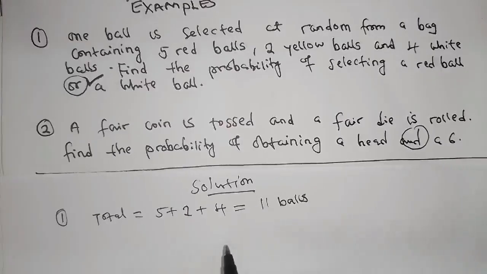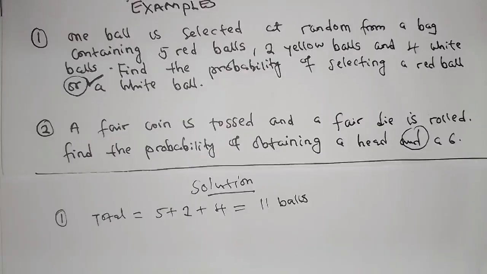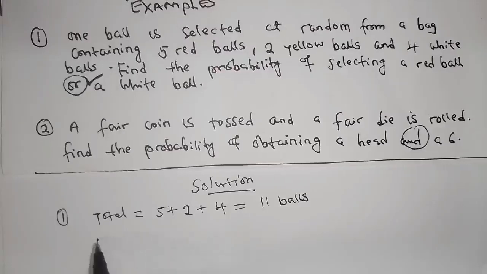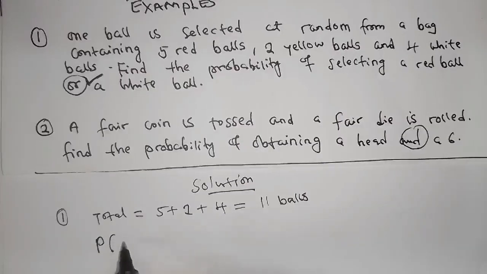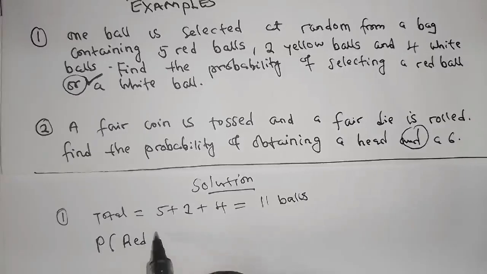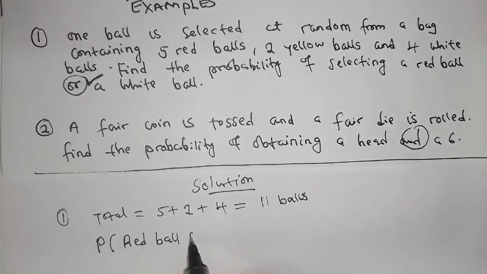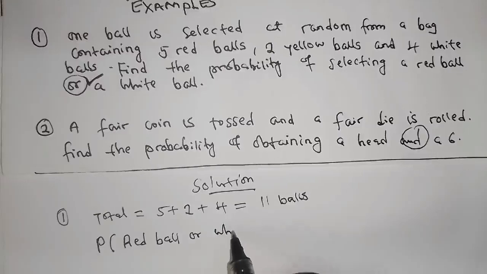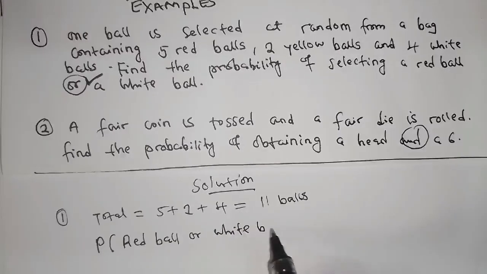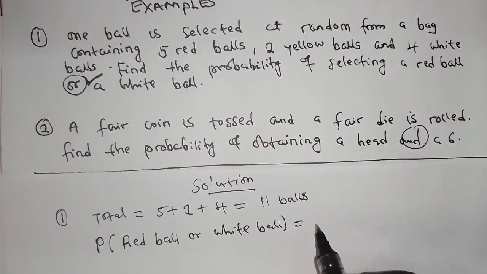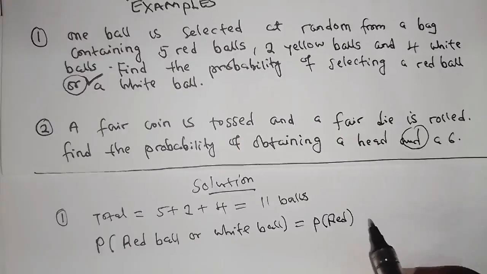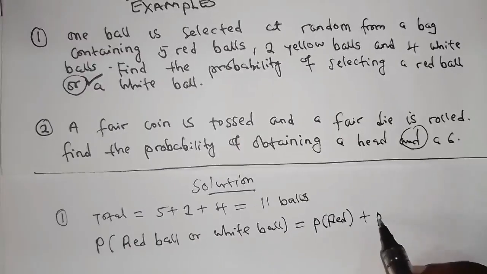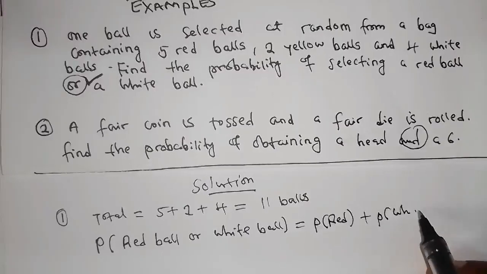Now, once we do this, we look at the probability of selecting a red ball or a white ball. We are going to say probability of red plus the probability of white.